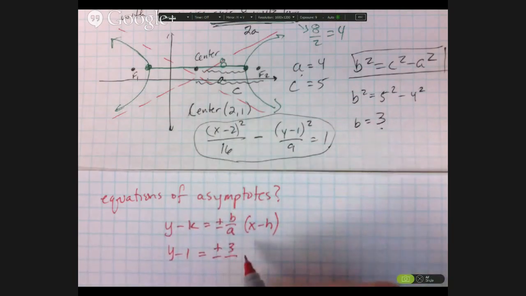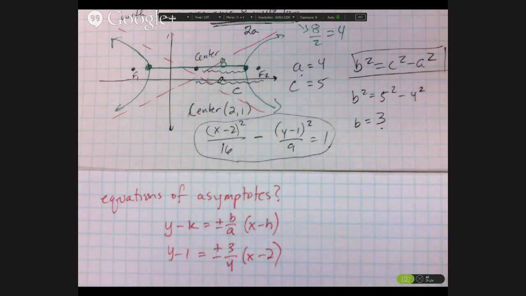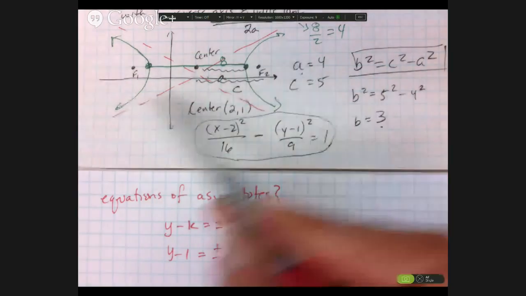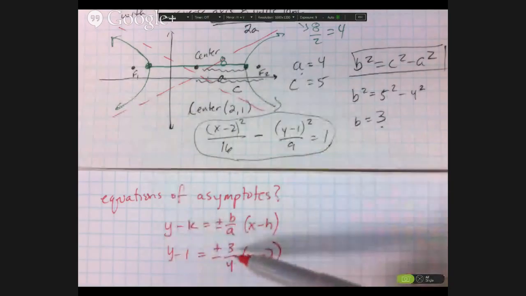A is 4. And X minus 2. You have 2 different equations because you have 2 lines. The only difference is the slope. It differs by a negative. Okay.